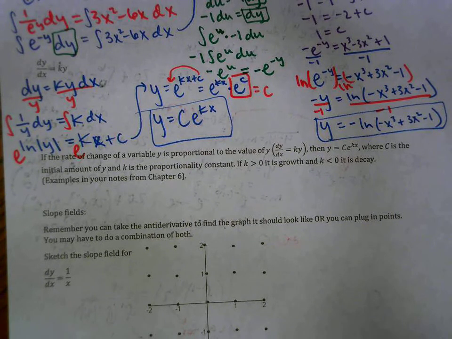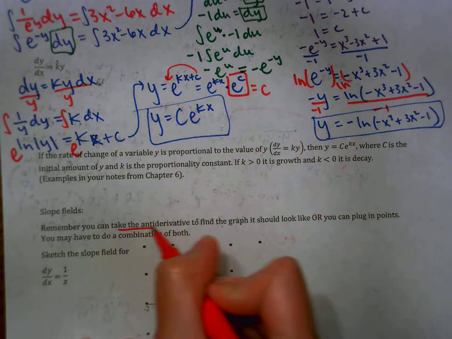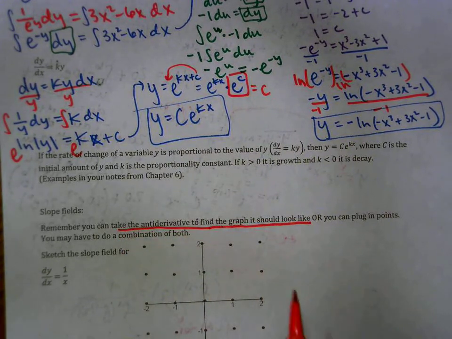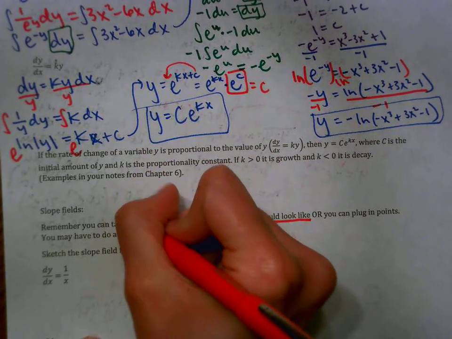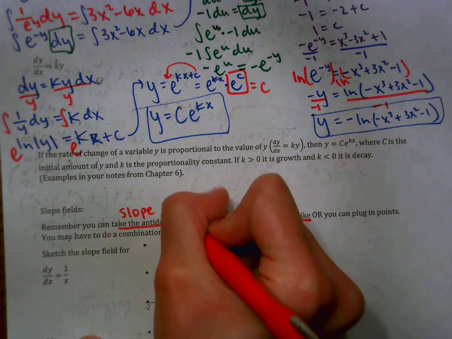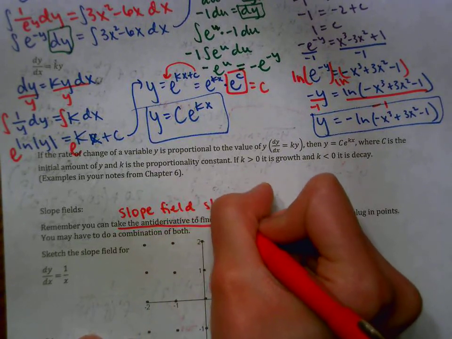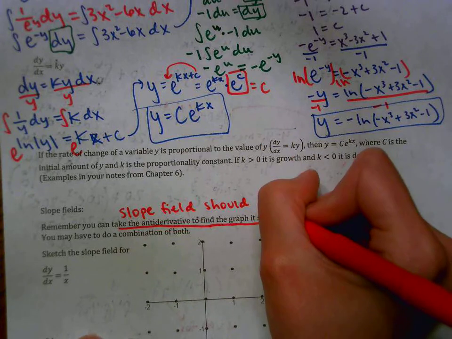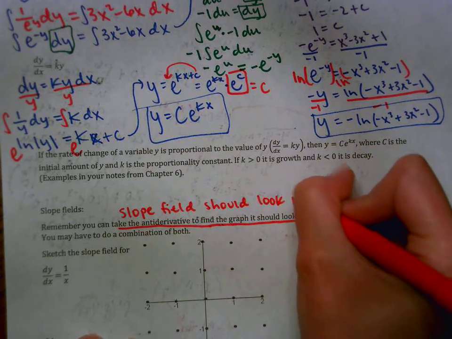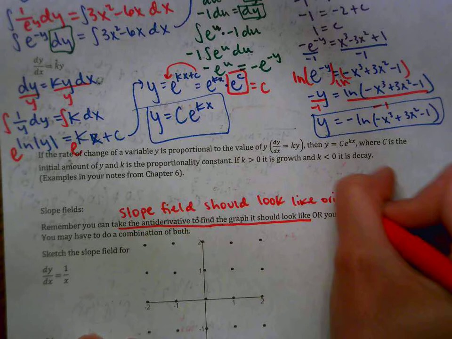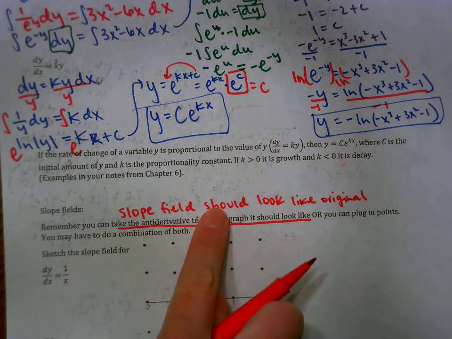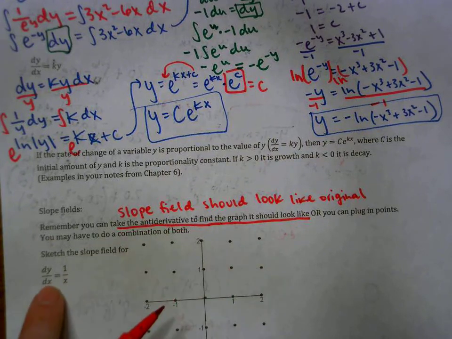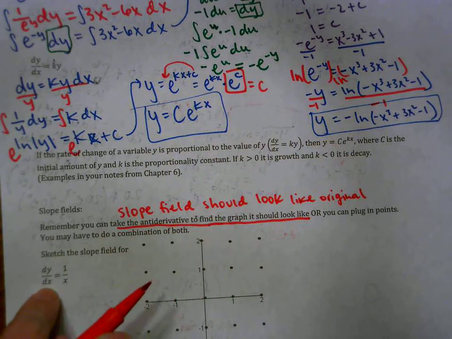So I'll show you both on here, but the slope field should look like the original. So the shape should look like the original, that's what it's saying. So it's not going to match the derivative equation, it's going to match the original. So you'd have to take the antiderivative if they give you a derivative to get the original.